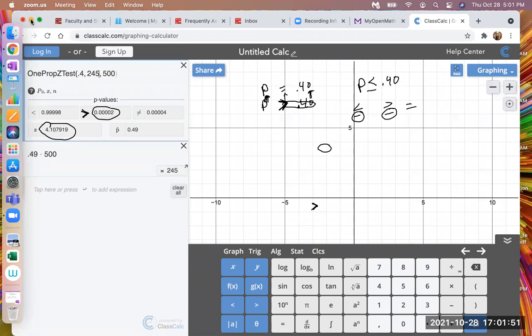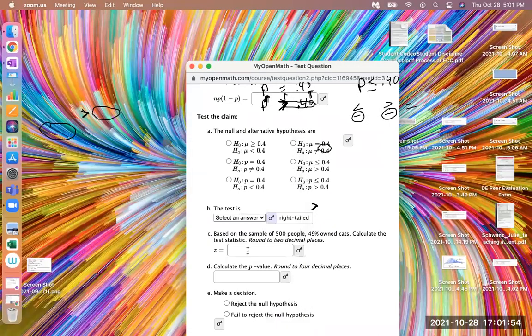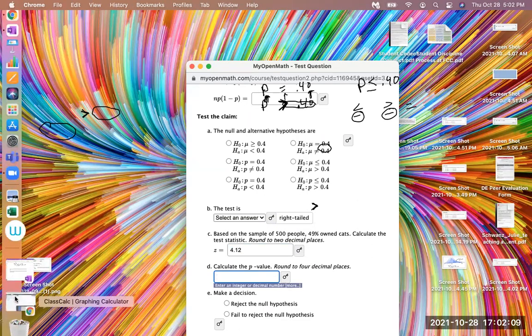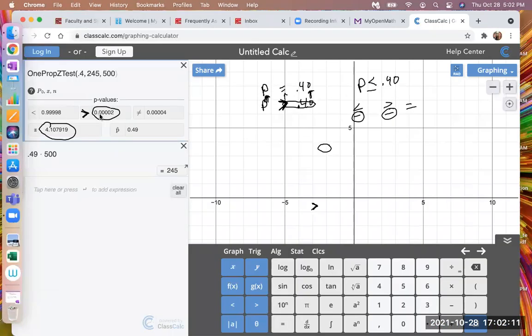That's what we want there. And it says round to decimal point, 4.1079, so it'd be 4.12, I believe. And then the p-value, round this to 4 decimal places. And I think 1, 2, 3, 4, it's going to be 0.